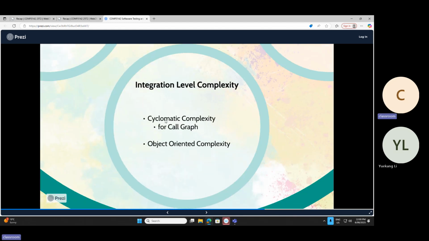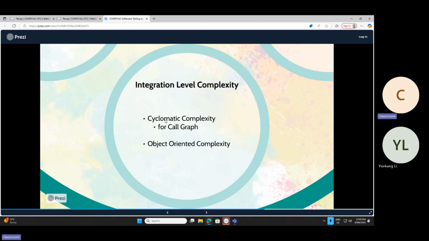And then we also learned integration level complexity. Because cyclomatic complexity is applicable to graphs, for integration level, what we can have is a call graph, right? We can still use cyclomatic complexity here.